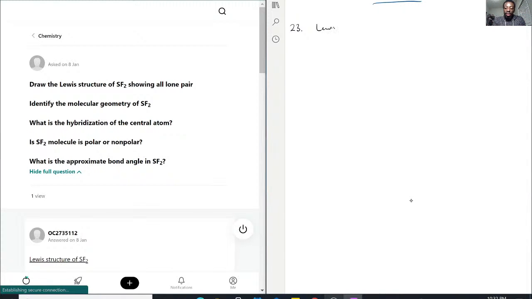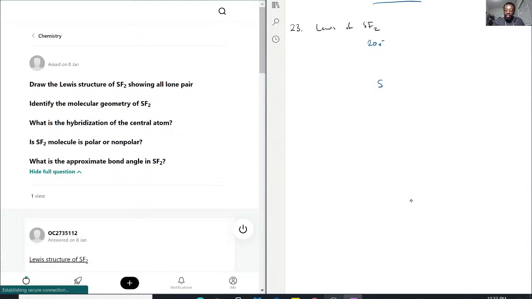So Lewis first of SF2. Sulfur, 16th column, 6 valence electrons. Fluorine, 17th column, 7 valence electrons. There are 2 fluorines here, so they will each contribute 7, so that's 14 total. Plus the sulfur is 6, we are working with 20 electrons. So let's go ahead and draw this out.